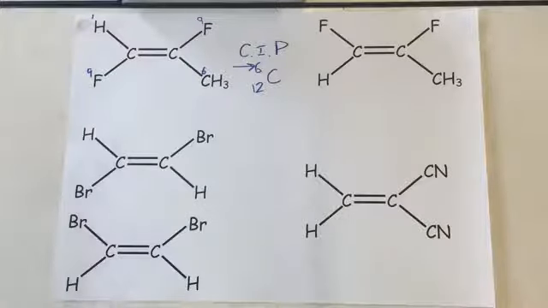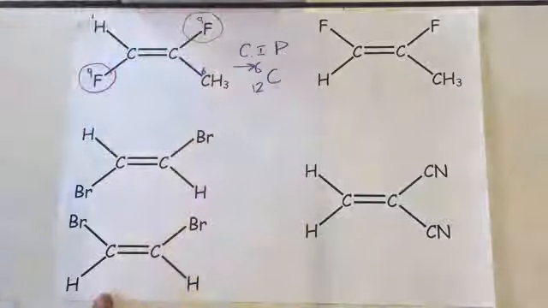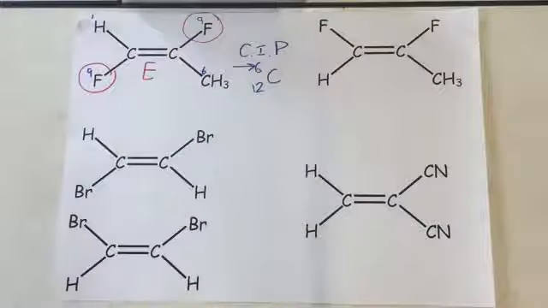Going back to our molecule then, what we can see is that because on each carbon, the larger atomic number group or atom is above and below, we would describe this as the E isomer of this particular alkene.